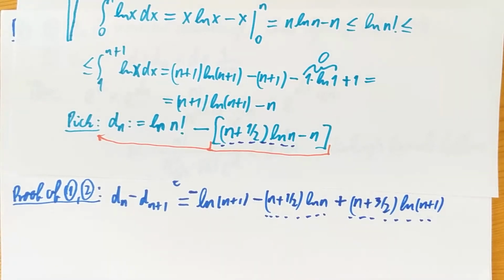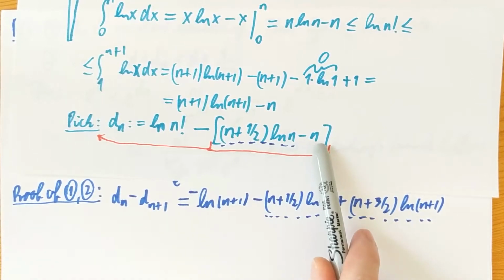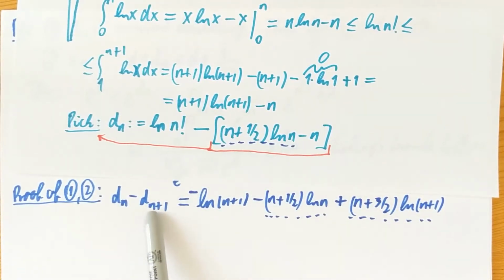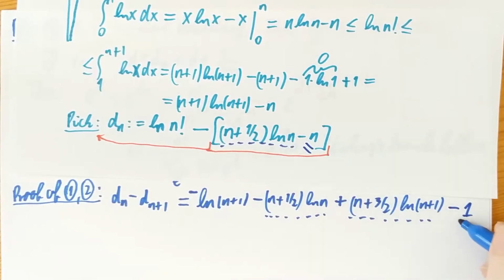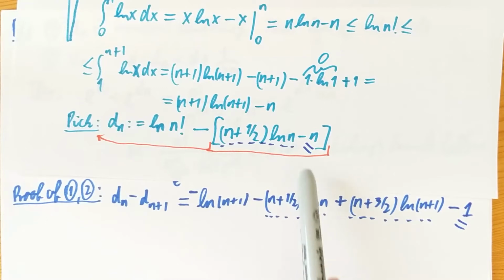And then I have a total of plus n minus n plus 1. So together the last term is just giving me a 1. So this term n at n plus 1 with a negative sign minus n at n with a positive sign is giving me this minus 1.